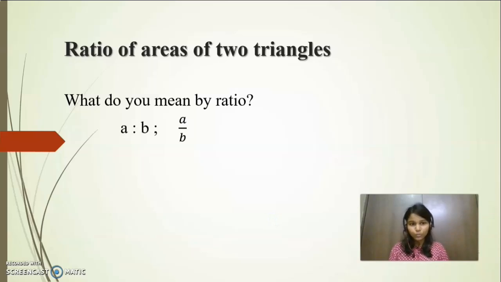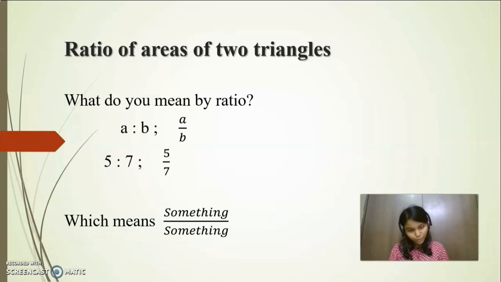Yes. A is to B, which is also called A upon B. Let us take one more example of ratio. 5 is to 7, which is also written as 5 upon 7. So looking at these two examples, can we say that ratio is equal to something upon something? Ratio means you have something in the denominator and something in the numerator.